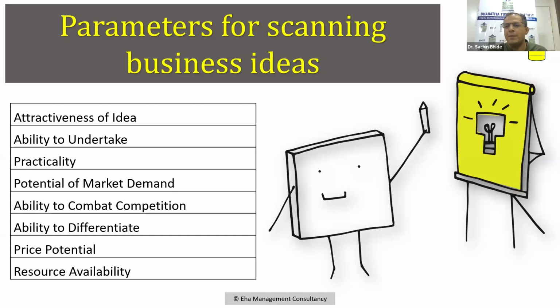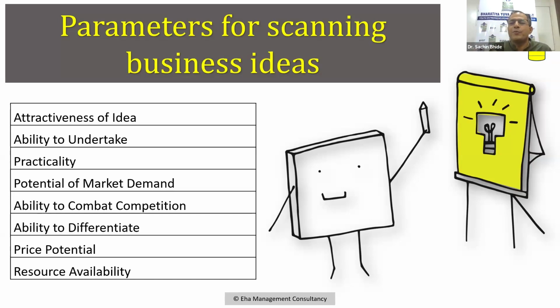Soap for a bath, hand wash, face wash, shampoo, and so many different varieties. But let's say that somebody comes out with a smart soap. Considering your skin type, the soap will understand what kind of skin sensitivity you have, whether it's oily skin or whatnot. I'm just cooking up this idea right now.